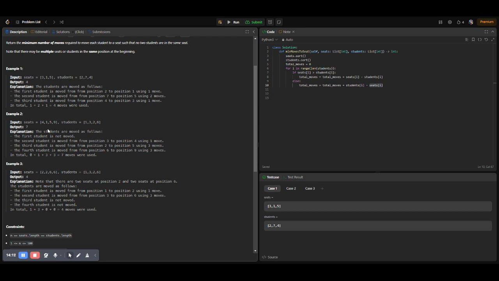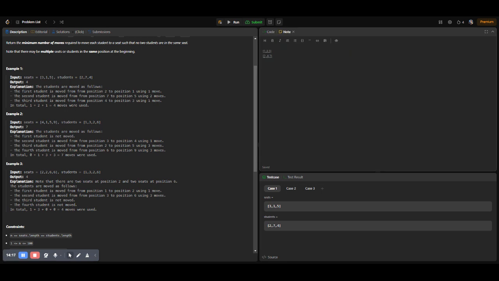See, in the second example, after sorting this array, what we have is 1, 4, 5, and 9, meaning vacant chairs are available at positions 1, 4, 5, and 9, and students sit at positions 1, 2, 3, and 6.